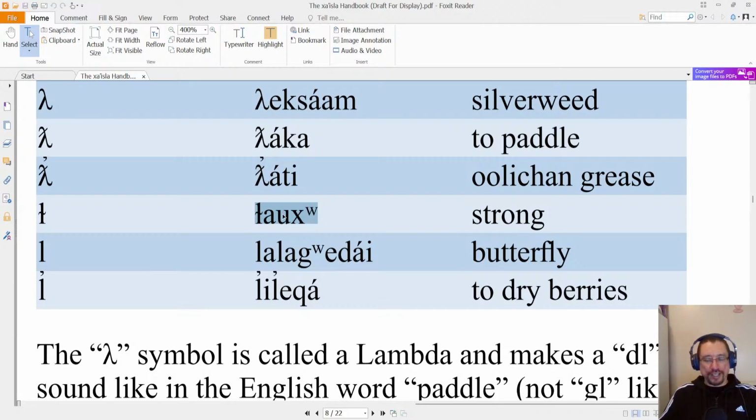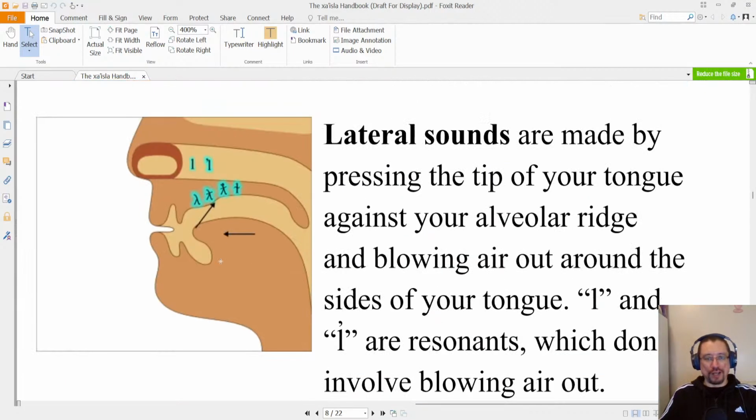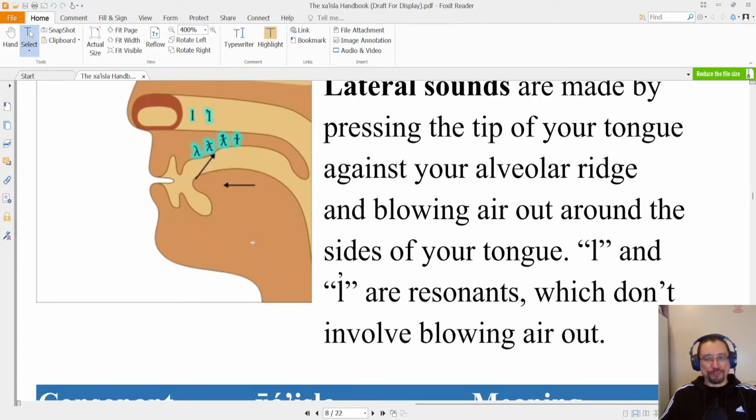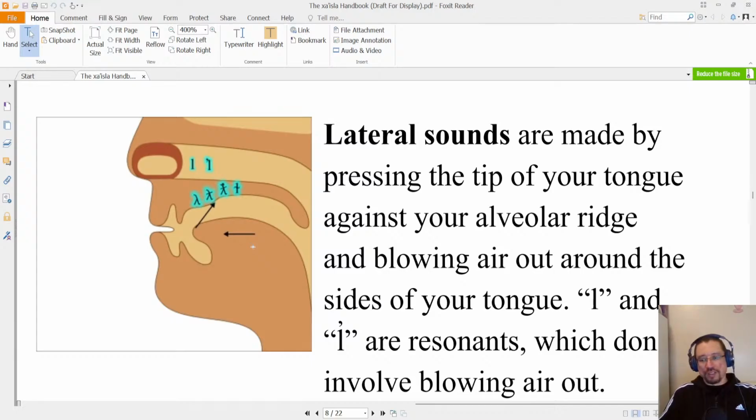So what you're doing is you're putting the tip of your tongue against your alveolar ridge, and you're kind of holding it there. So your tongue should be curled up, and then you're blowing air out around the sides of your tongue. Something that I should mention here is that ideally you'd be pushing the air out around both sides of your tongue.